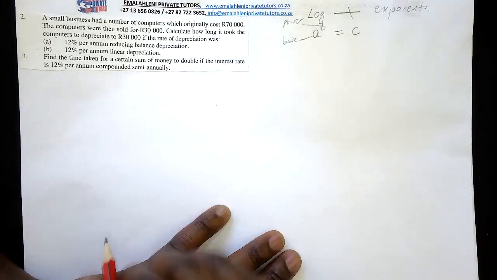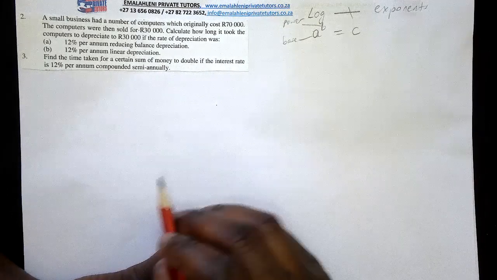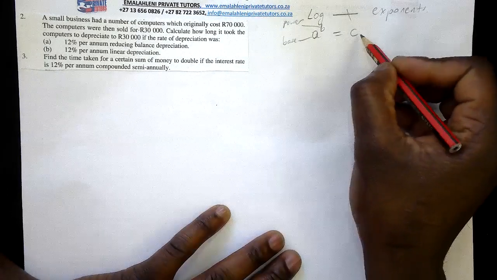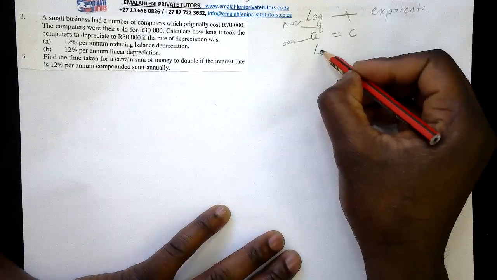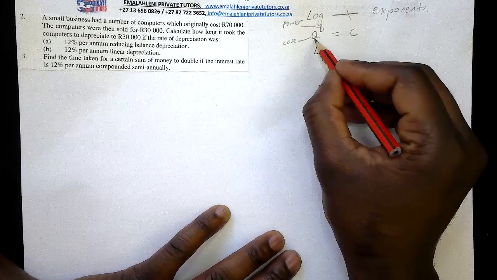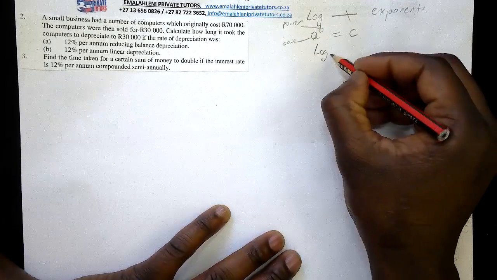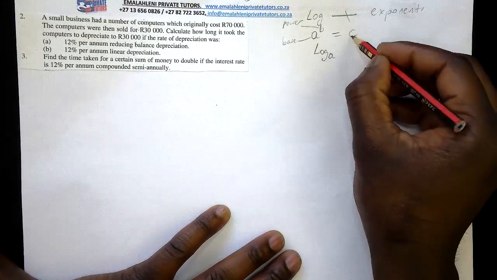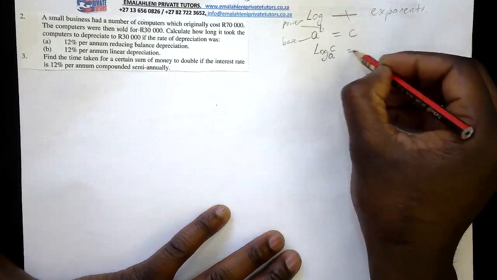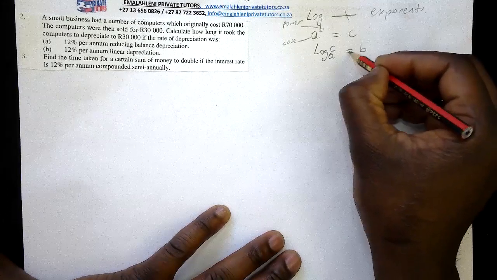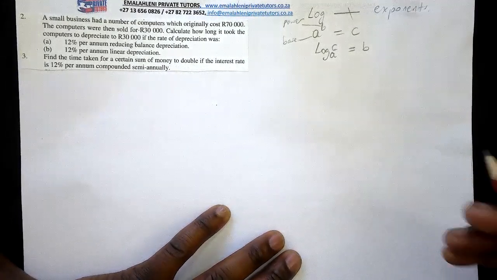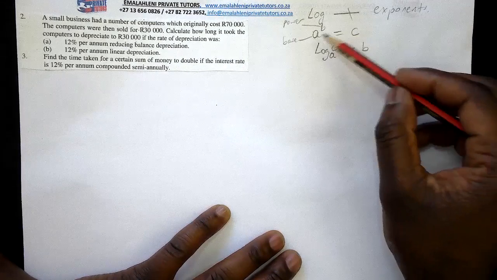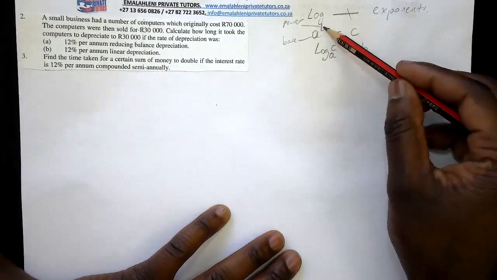Now, when it comes to log, we say log with the same base, which is A, of C, and the answer is going to be equal to our power. Can we see what we are doing here? So log with the same base, of C, must give us the power.